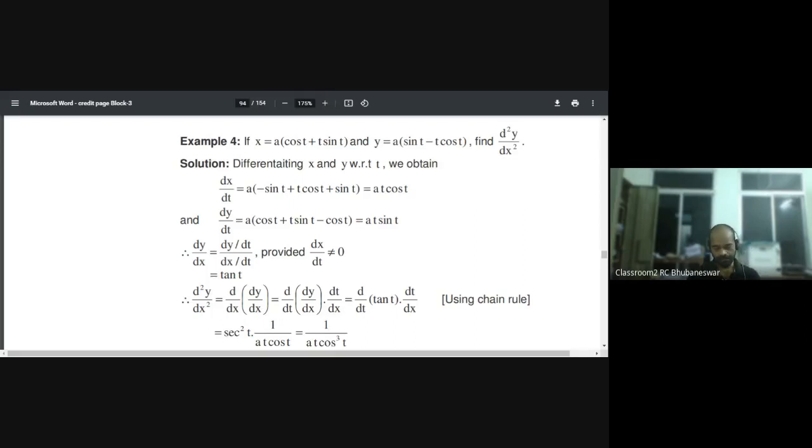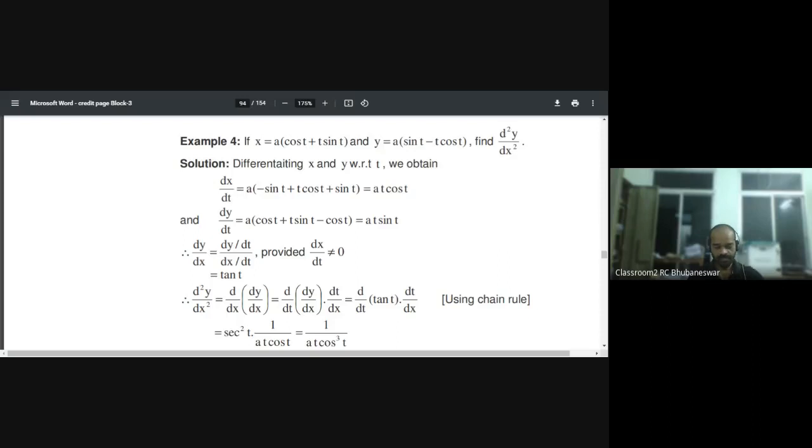Now, as we calculate the second order derivative of y with respect to x, very interestingly we can see that the functions given to us are in the form of t, but we are calculating the derivative with respect to x. So that's why we have to use the chain rule.